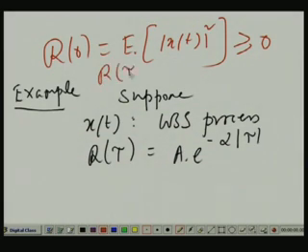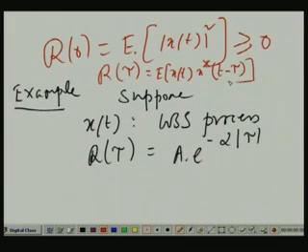R(tau), which is the same as E of x(t) x star(t minus tau), this is a very important property. I just forgot to mention. My claim is that this is the same as R conjugate of minus tau.